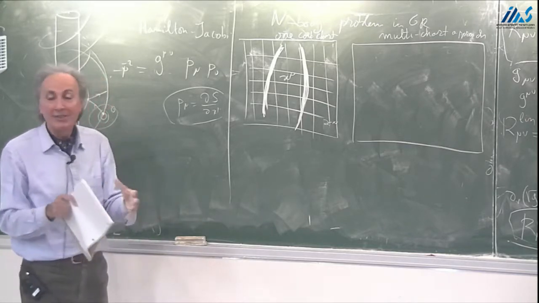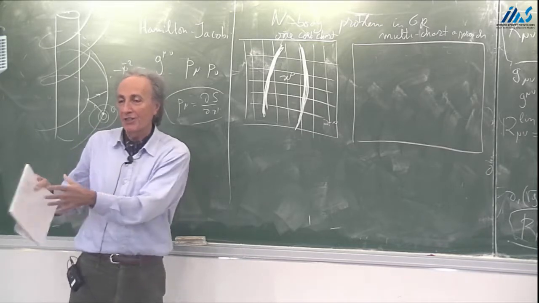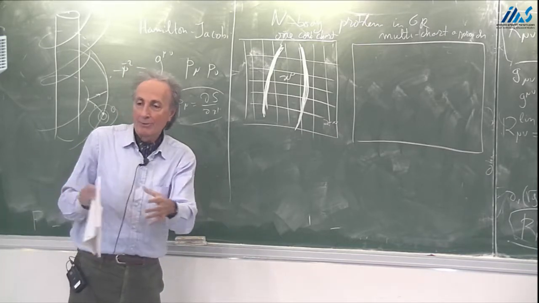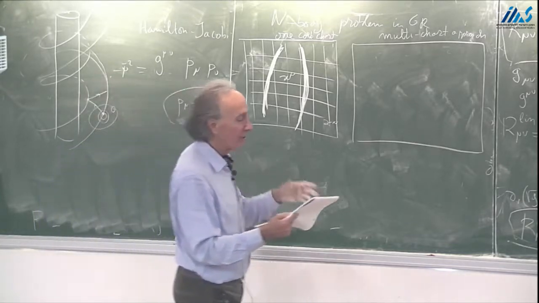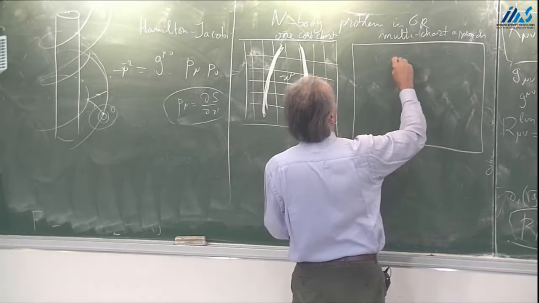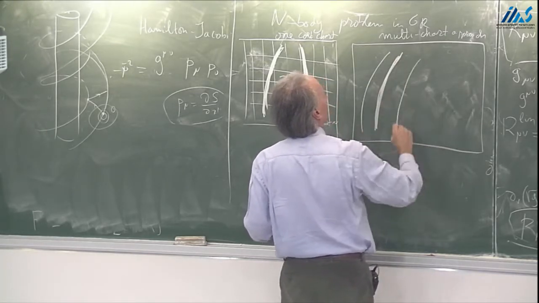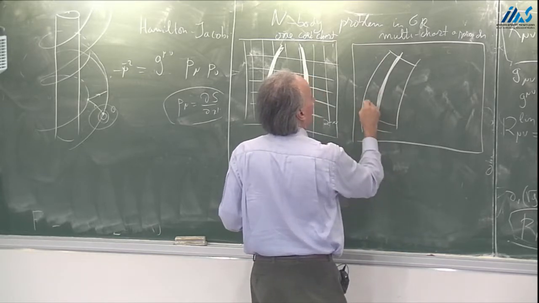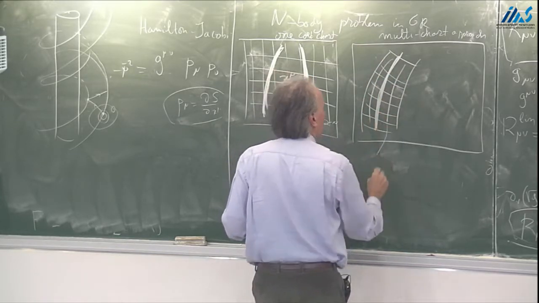But in Newtonian theory, it's easy to write coordinate transformations for each coordinate. It's just a time-dependent translation. In GR, it looks much more complicated. But there is a simple way of doing it, which is the following, and I want to describe it in words at least. So what you want is, around each body, to define a coordinate system attached to the body.